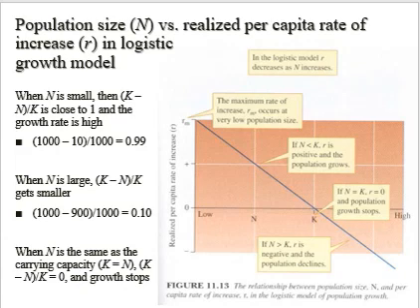So thinking about it in this figure, at a very low population size, the per capita birth rate, B, greatly exceeds your per capita death rate, D. As that population size increases, the difference between the per capita birth rate and per capita death rate will decrease.